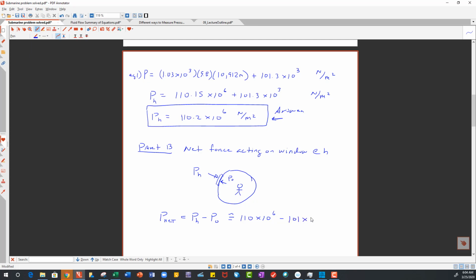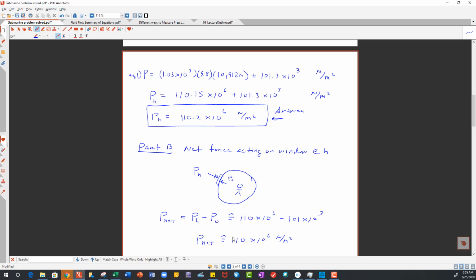And that gives us the net pressure acting on the submarine's window, which is approximately 110 times 10 to the 6 Newtons per meter squared, approximately. But we want to know the force.